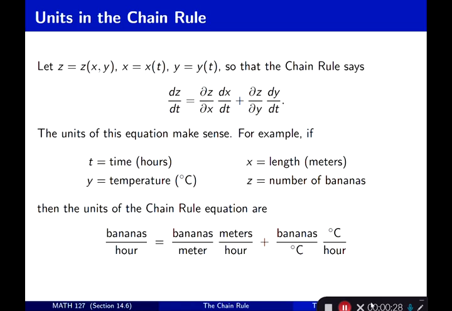So these units kind of make sense. Imagine t is time in hours, and this is an example. y is the temperature in degrees Celsius, x is length in meters, and z is the number of bananas.